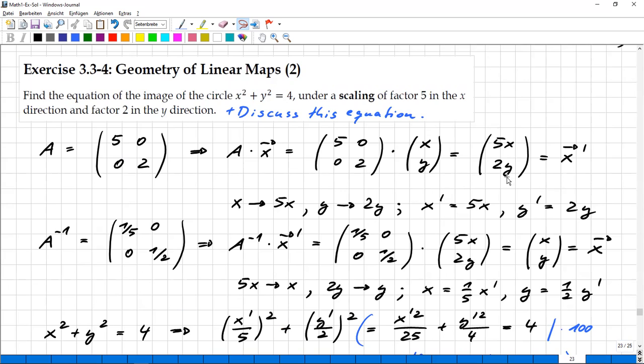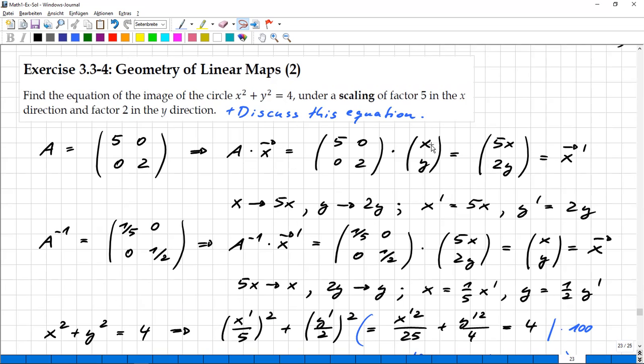And I call this resulting vector x prime. Please don't mix it up with the first derivative or something. It's just a notation. Also, if I use x and y for the components, it's probably not such a good idea to use y vector for the result. So I call my pre-image vector x vector.